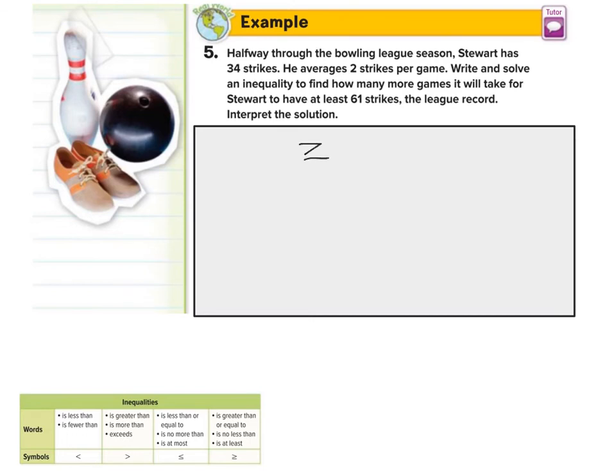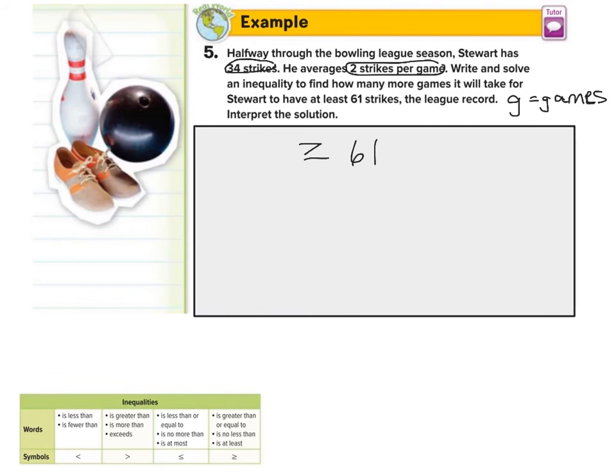Halfway through the bowling league, Stuart has 34 strikes. He averages 2 strikes per game. I'm going to let G equal the number of games. Okay, so 2G. Write and solve an inequality to find how many more games it will take for Stuart to have at least 61 strikes.